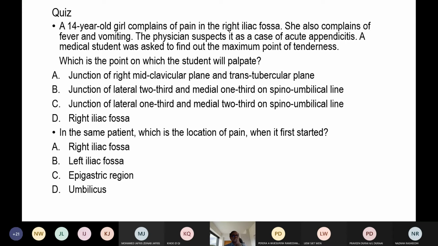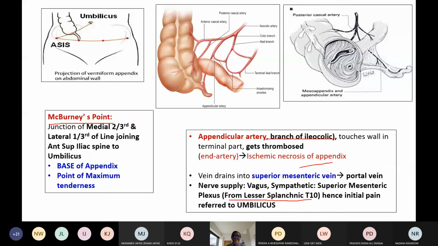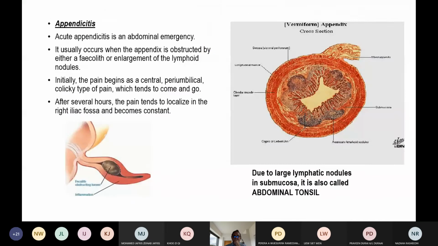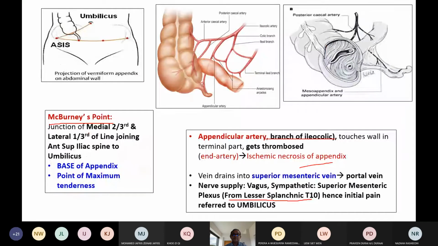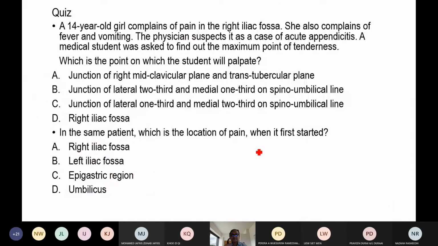Which one is the correct answer? Look at this. A, B, C or D? Can you tell me which one is the correct answer?